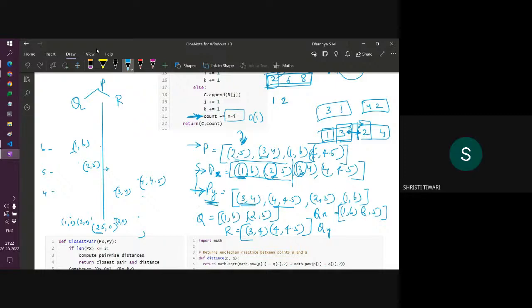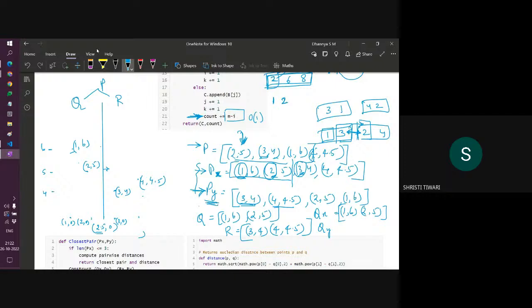To summarize all the things here, we have P, a set of points, and Px is where the points have been ordered with respect to the x coordinates, and Py is where the points are ordered with respect to the y coordinates, and Q and R are the partitions. Suppose Q is left of 2.5, that is the partitioning x coordinate, and R is right of this partitioning point 2.5.